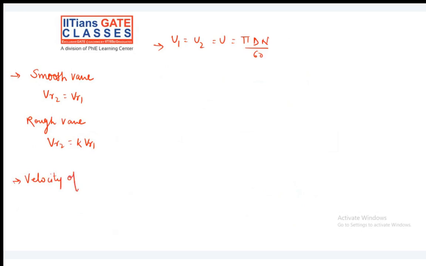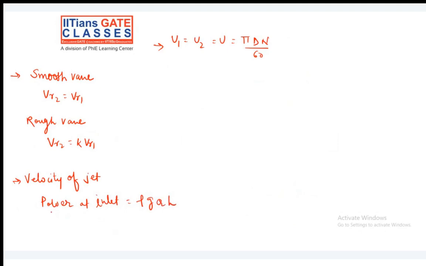Velocity of jet. How do we find it out? See, the total power at inlet is rho g q times h.